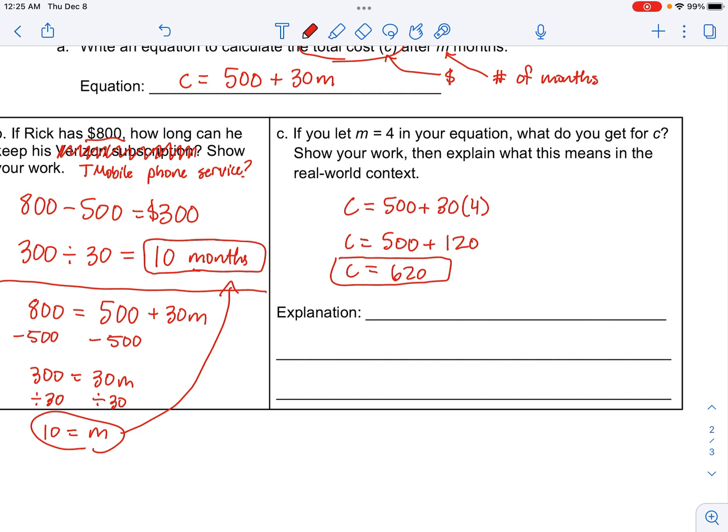And let's think about what that means. It says explain what this means in the real world context. Well, m is the number of months, and c is the total cost.